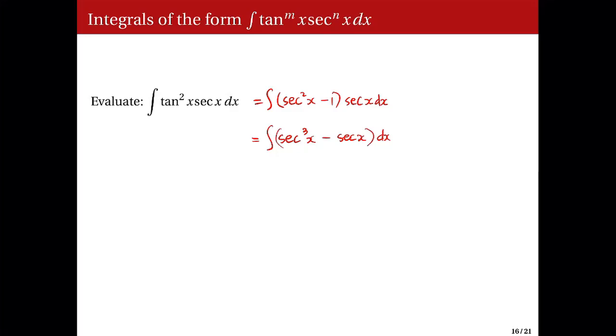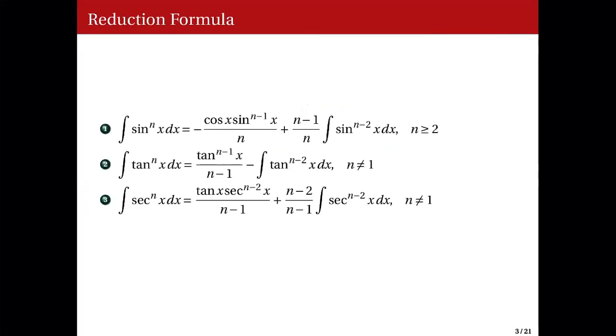So let us go back to the reduction formula and apply it. The integral of secant to the n x dx is equal to tangent x secant raised to n minus 2 x over n minus 1, plus n minus 2 over n minus 1 times the integral of secant raised to n minus 2 x dx. In our example, we have n equals 3.